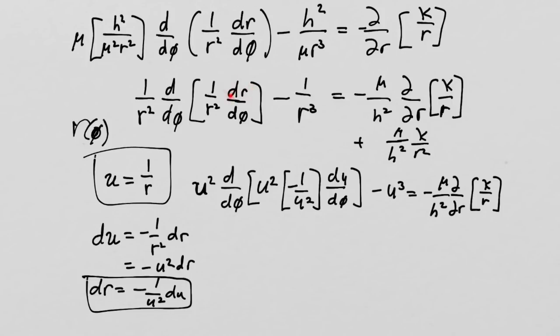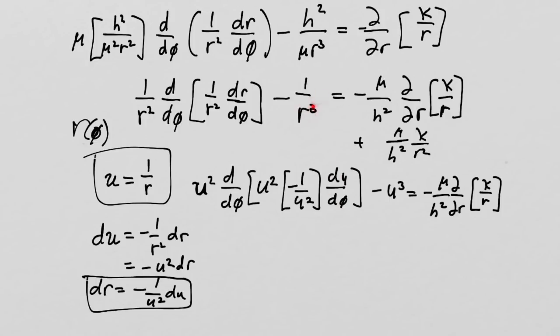The dr has to be converted to du. Well, du is minus 1 over r squared dr, and that's minus u squared dr, which tells us that dr is minus 1 over u squared du, and that substitution went right there. And then that leaves us with a du d phi.